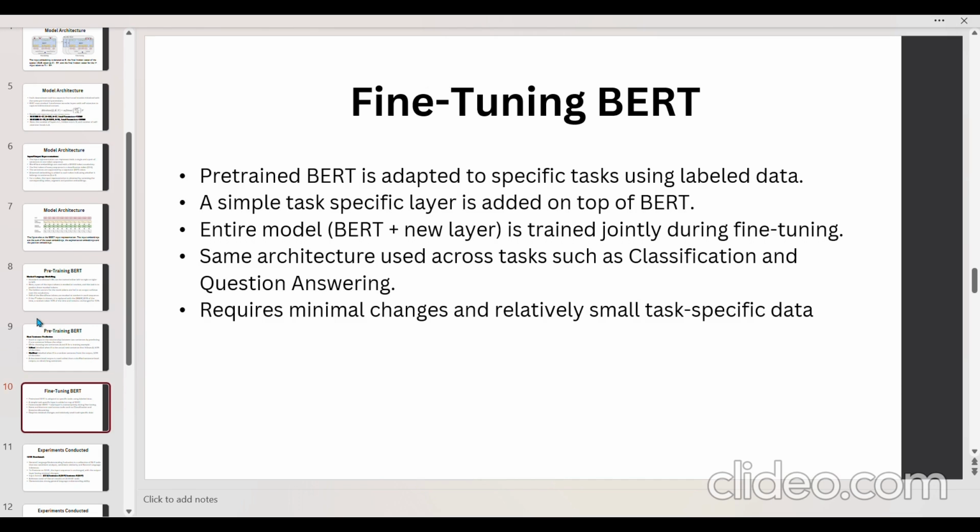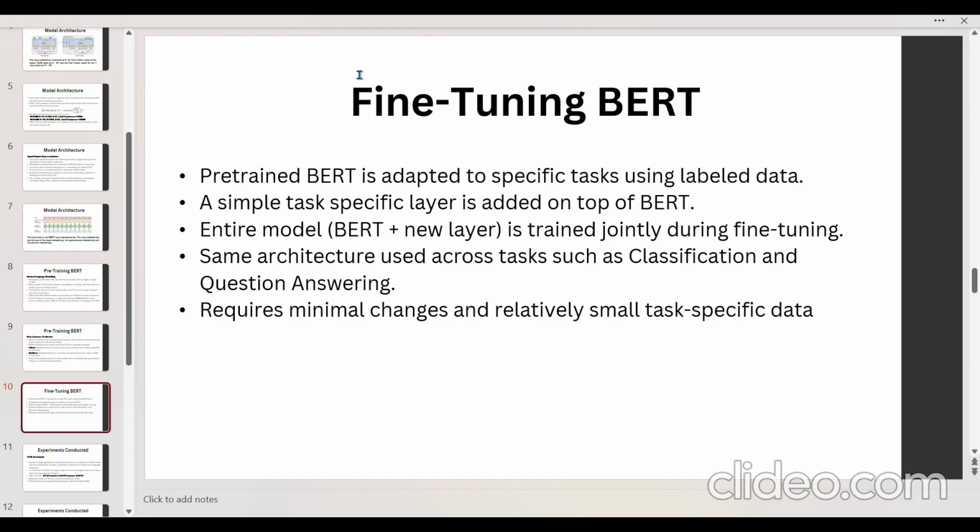After the pre-training is done, BERT can be fine-tuned to adapt to specific tasks. The pre-trained BERT model is adapted to specific tasks using labeled data. To do this, a simple task-specific layer can be added on top of the pre-trained model, and the entire combined model, consisting of the original and the new layer, is trained jointly during the fine-tuning process.